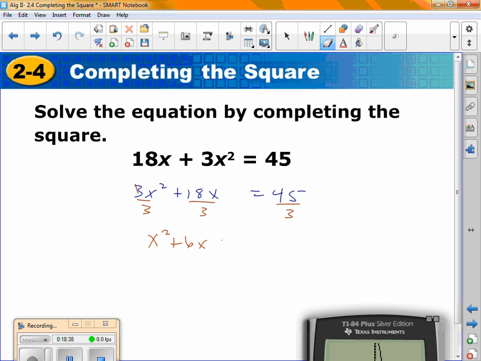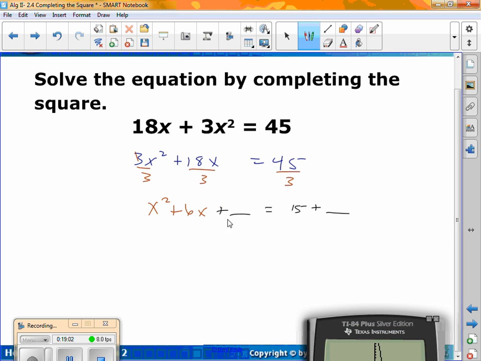And all I'm really going to do right here is put plus something equals 15 plus something. By putting that plus and then the line, plus and a line, you know that you're going to have to put numbers there. Now we have to find out what this number is.